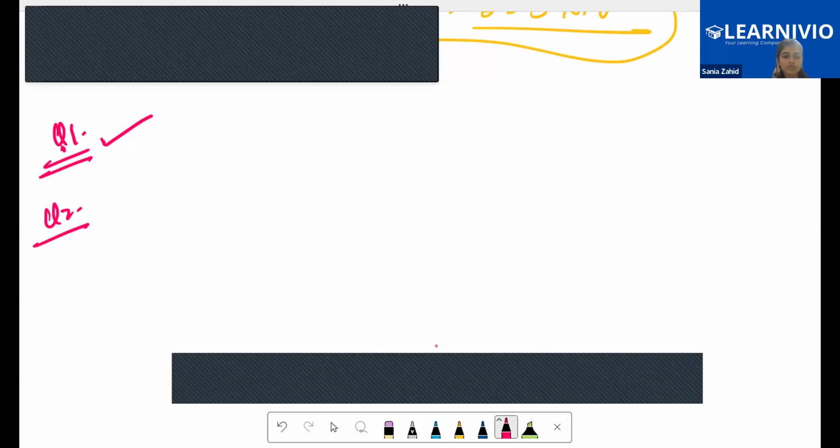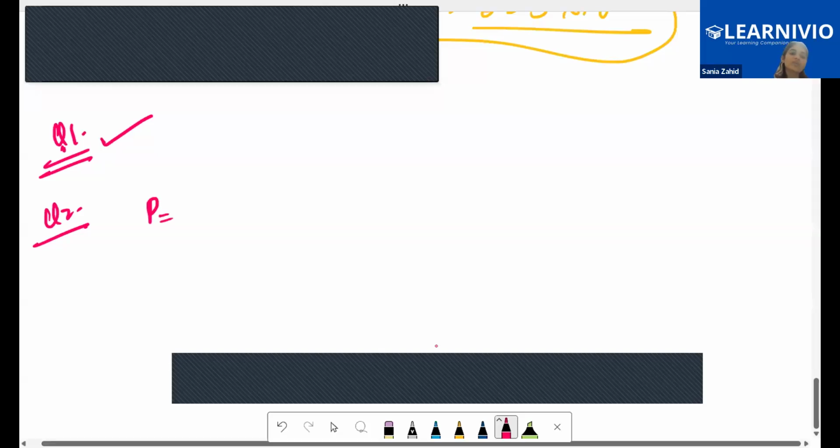Give me 1 second. I remember the formula because I did this answer. I struggled a lot with this one. No problem.